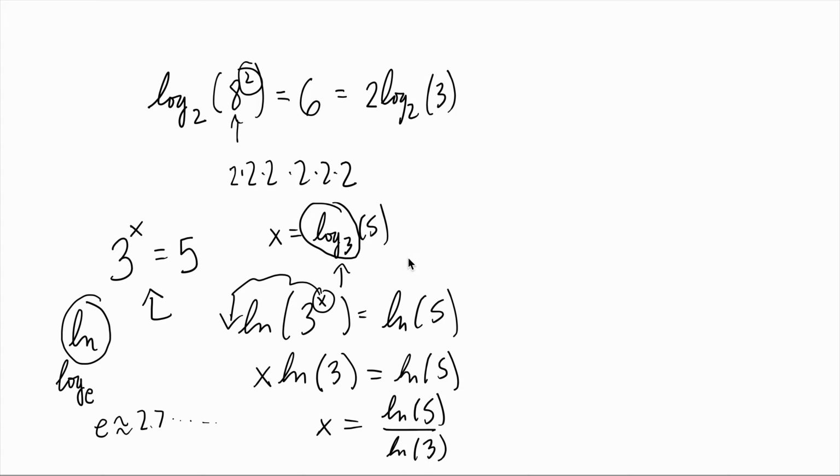So we see two nice ideas here. One is how do we bring exponents down in an equation to solve for something? The other idea is how do you rewrite something like this, log base 3 of something, in terms of another base? In particular, with base e, which we'll write ln. That's shorthand for log base e.